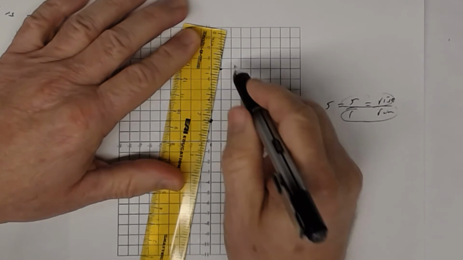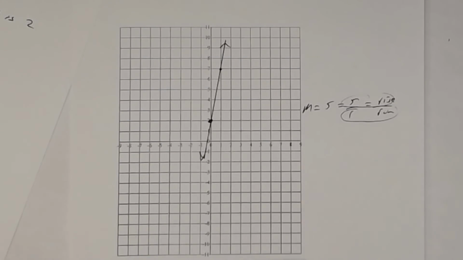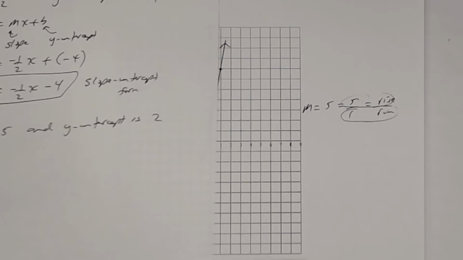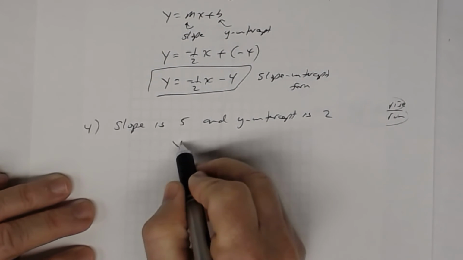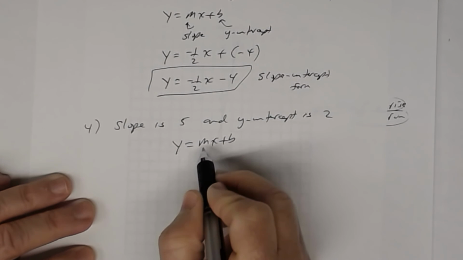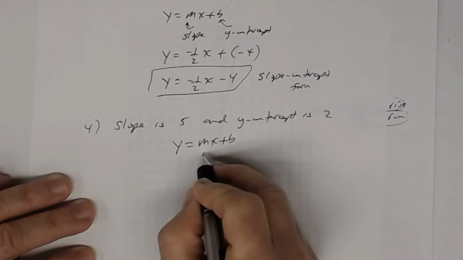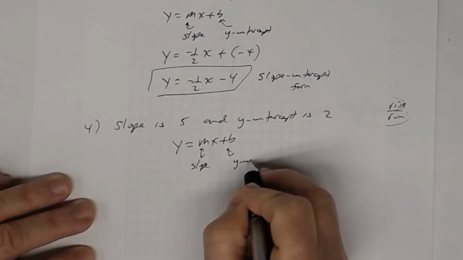That's what you're trying to find. What is the equation of that line? Well, we haven't found it, but we're about to find it, right? The equation of that line will be in the form y equals mx plus b. And to use this slope-intercept form, I must know the slope, and I must know the y-intercept.